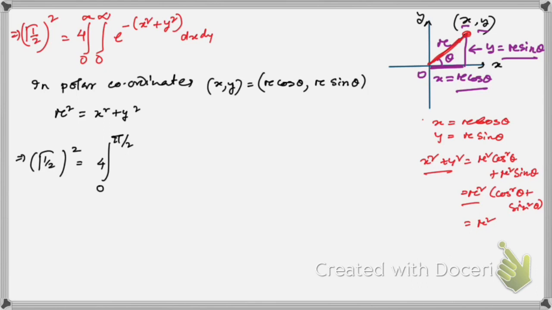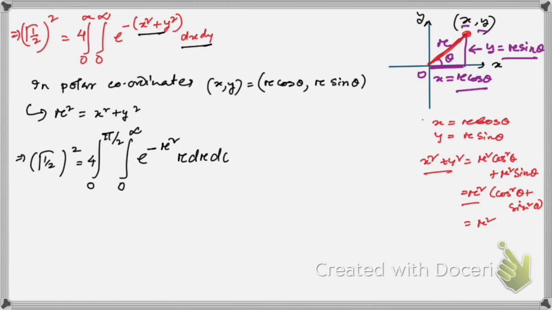Then let us keep one integral as 0 to infinity. So e to the power minus, this x square plus y square can be replaced by r square, right? Then dx dy is going to be r dr d theta, right? r dr d theta. Let me write the d theta first. So this is what we have got.